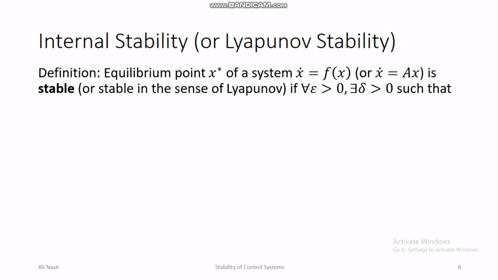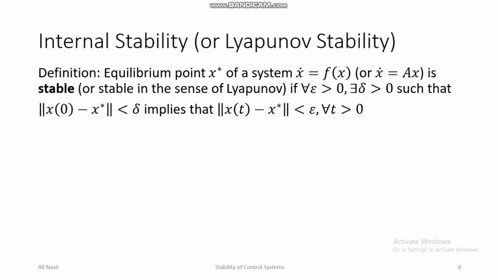The equilibrium point x star of a system, x dot equal f of x or x dot equal A x, is stable, or stable in the sense of Lyapunov, if for all epsilon greater than 0 there is delta greater than 0, such that if the distance between initial condition and the equilibrium point is less than delta, then that implies that the distance between x of t at any time from the equilibrium point is less than epsilon.